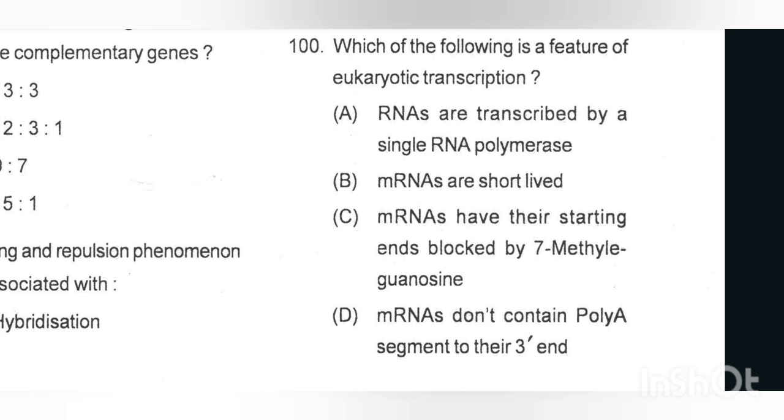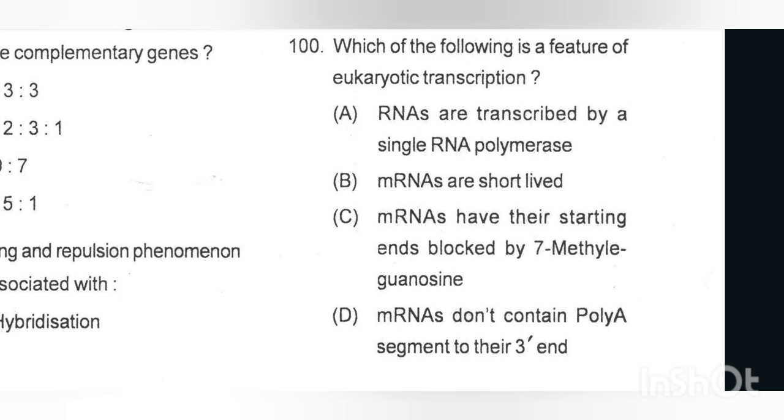So transcription is the first step of your protein synthesis, where from DNA, mRNA is formed. Then after that the translation process occurs, where the mRNA is converted to protein. So here RNA is transcribed by a single RNA polymerase.